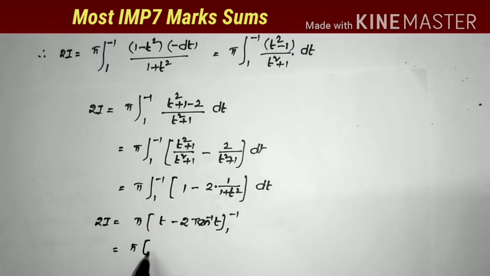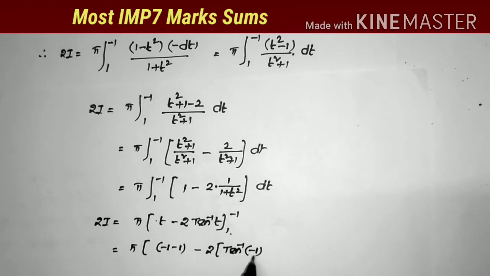Now substituting the limit values, minus 1, replacing the upper limit minus replacing the lower limit, minus 2 into, now substituting the limit values, tan inverse of minus 1 minus tan inverse of plus 1.